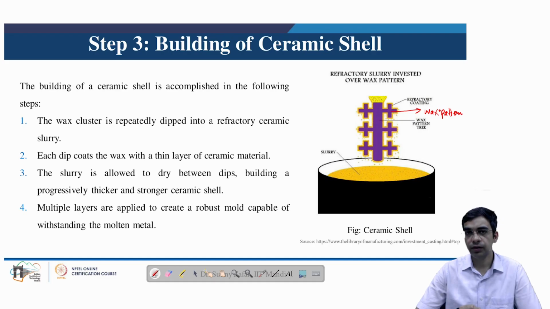The thickness of this ceramic shell will depend on the weight of the casting and other factors, and multiple layers are applied to create a robust mold capable of withstanding the weight of the molten material. Of course, there are considerations of handling of the mold, etc. Generally a few millimeters of thickness is desired, which is achieved after several dips into the ceramic slurry.